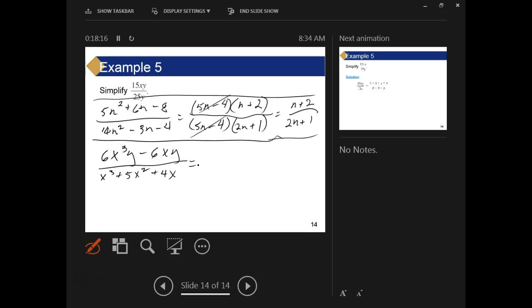Factor out everything you can. Greatest common factor in the numerator, what would it be? 6xy. I thought that's what you said, right? Okay. All right. Notice there's a 6 in each term. There's an x in each term.